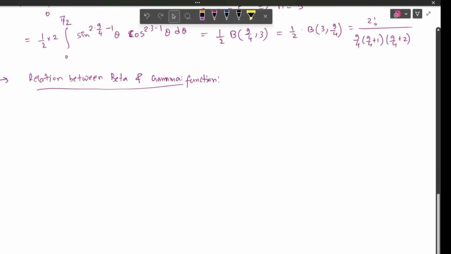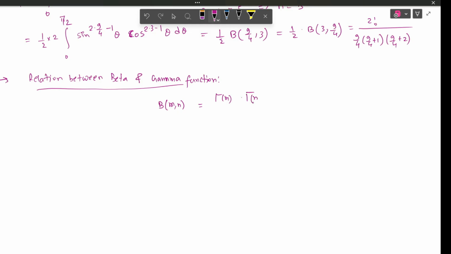So the relation is as follows. It is beta of m comma n is gamma of m into gamma of n divided by gamma of m plus n.